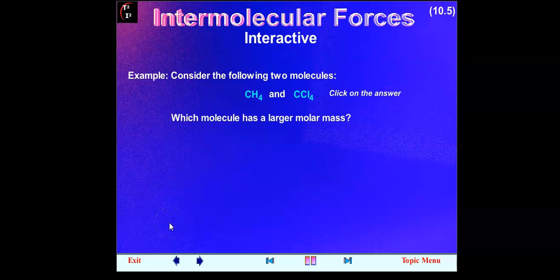Consider the following two molecules. Which molecule has a larger molar mass? Of course, if you calculate this, carbon is 12 plus 4, that's 16. But for this, carbon is 12, chlorine is 35.5 times 4. Of course, this is the larger.